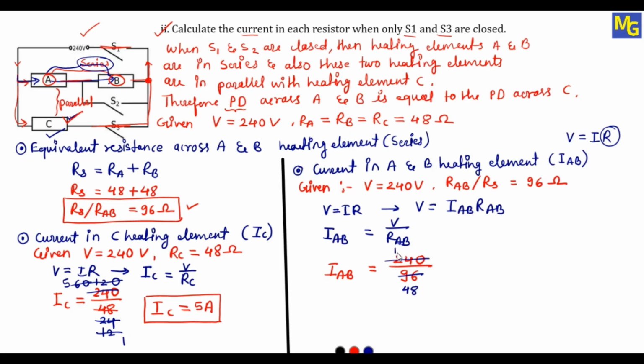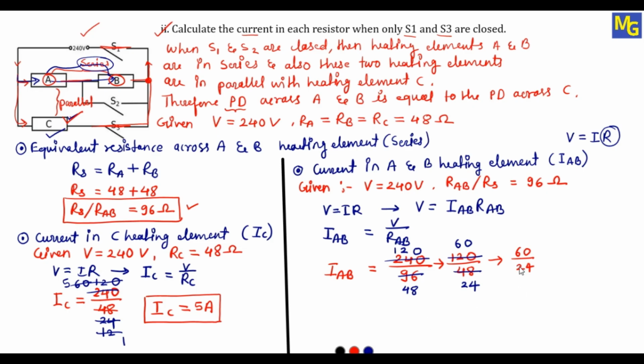We got 120 divided by 48. This still we can divide it by 2 table. 2 2s are 4, 2 4s are 8, 2 6s are 12, 2 zeros are 0. So here we got 60 divided by 24. Still we can divide it. I will use 12 table. So 12 2s are 24, 12 5s are 60. And here what we got?